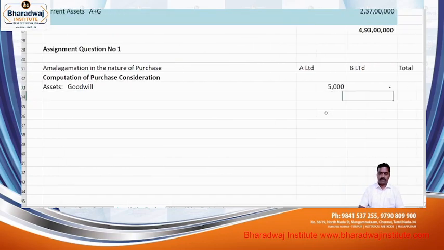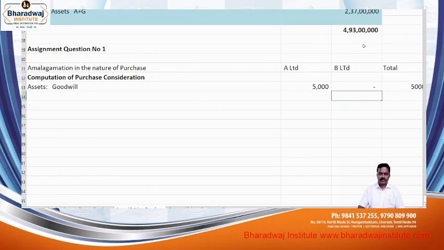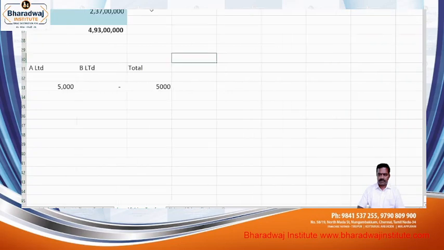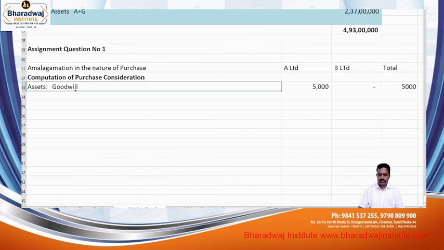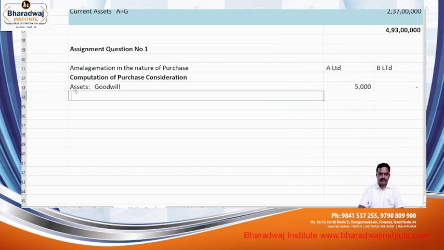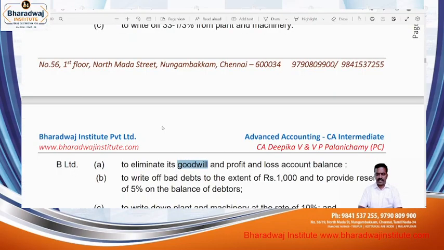Then which one next? Land and plant and machinery. For A Limited, any revalued amount given?